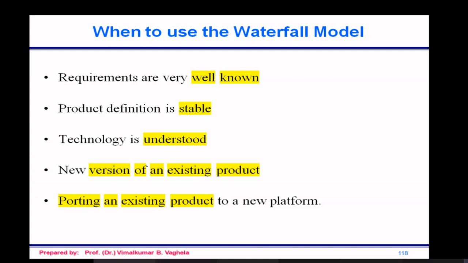Then we directly choose a waterfall model. Another case is porting a portion of an existing product to a new platform. If one product is already developed for one particular platform, like you have developed software for the Android platform, and now you want to develop the same product for the Mac platform.